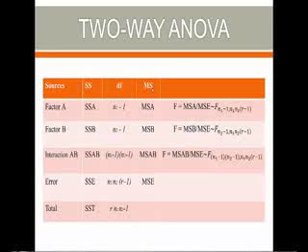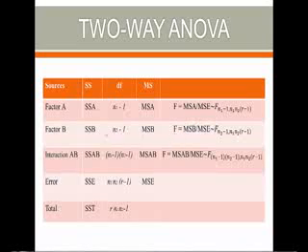To find the mean square A, it's simply SSA divided by the degrees of freedom. Mean square B, SSB divided by N2 minus 1. Similarly for MSAB and MSE. We now have to consider 3 F functions. The first F is the ratio of mean square A divided by mean square error.